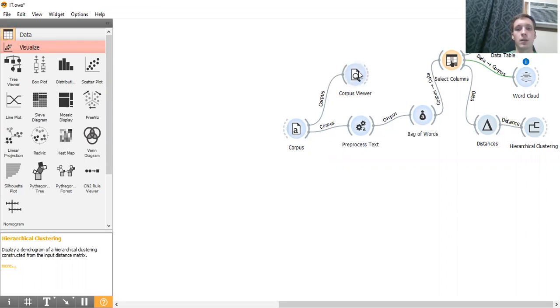And then we added this little Corpus Viewer to check it out, see what was going on, see the wordage that people were using in some of the reviews. And then we pre-processed the text, which essentially eliminated a lot of the non-essential characters and words that don't really add value for the context of the reviews, which we are trying to decipher.